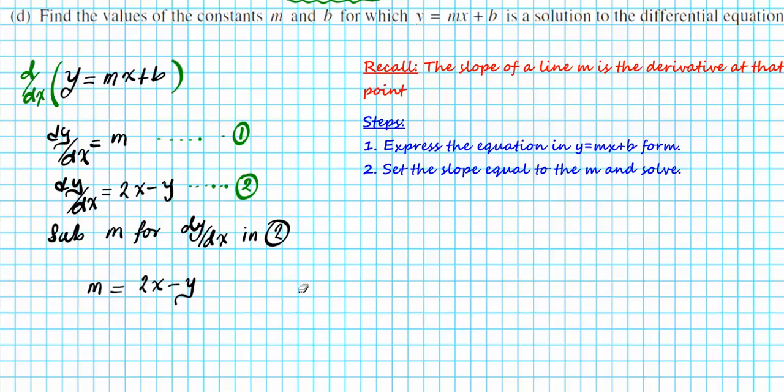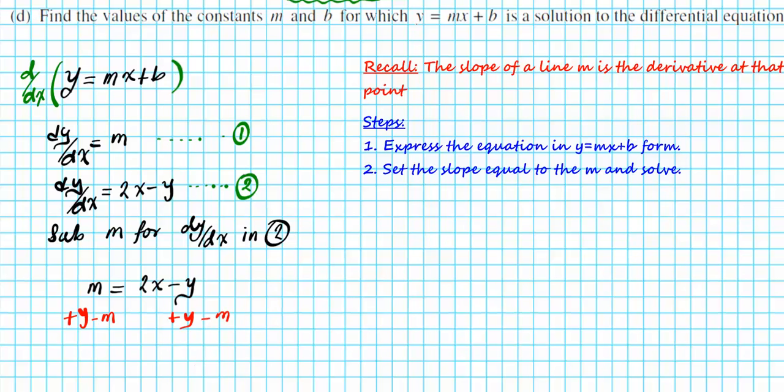Okay, so to finish this problem off, it's pretty easy. We just get y by itself, the coefficient of x is m, and then the other term is b. So to do that, we can just simply add y to both sides and subtract m.